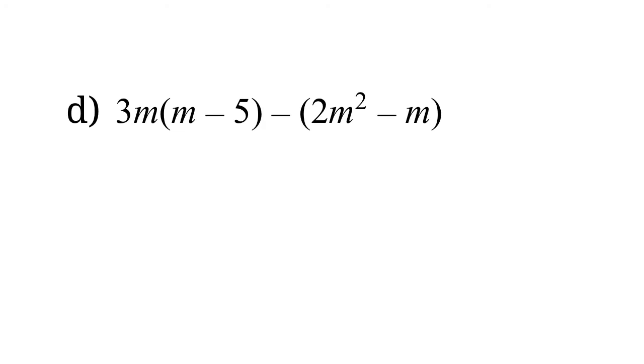All right, question D is a little bit of a tricky one. We've got 3m times m minus 5, take away 2m squared minus m. So this is a question where you need to perform 2 different types of distributive property. So you've got the 3m, which is going to get multiplied into its bracket.